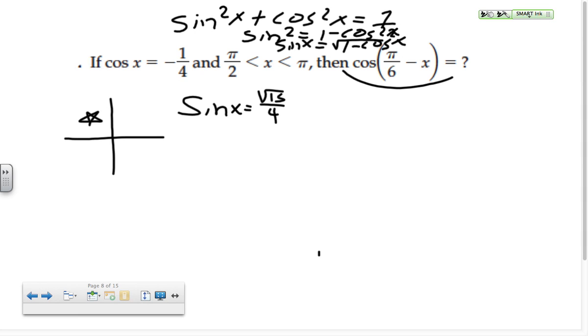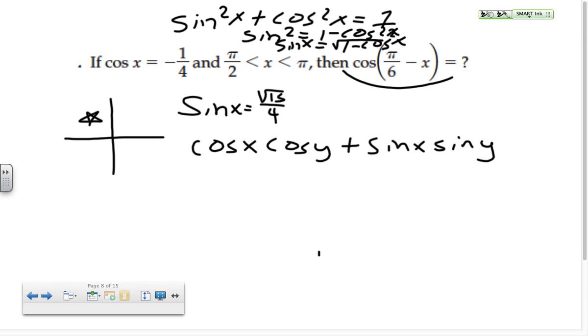So cosine of pi over 6 minus x is going to be the same thing as, let's go ahead and write the formula down, right? Cosine x cosine y plus sine x sine y. In this case, x is pi over 6 and y is x. So we're going to go cosine of pi over 6.